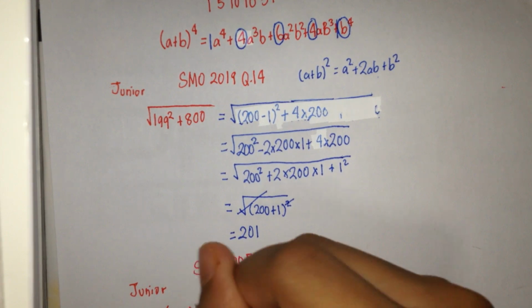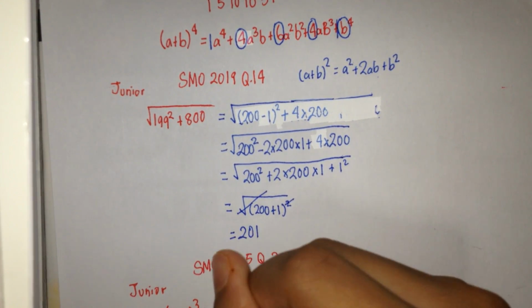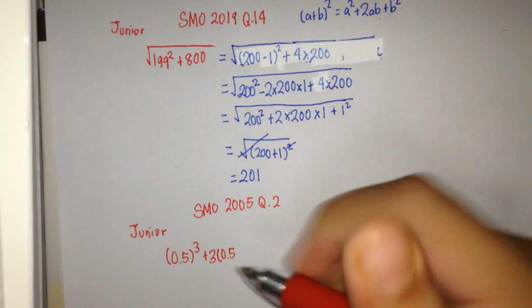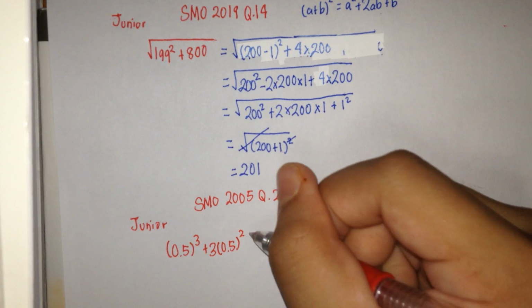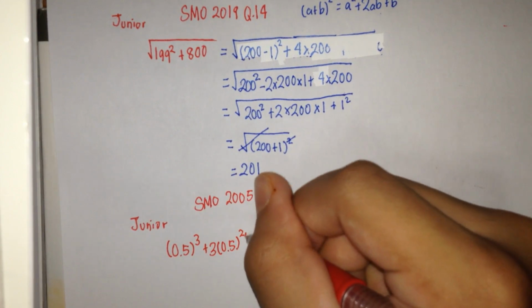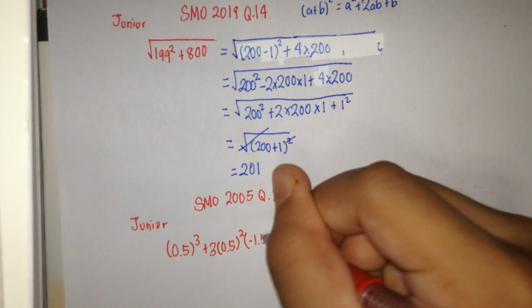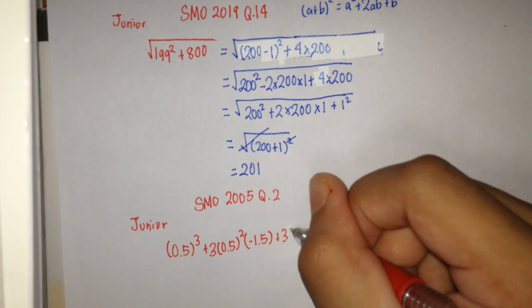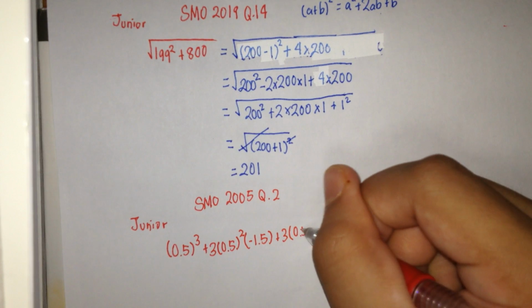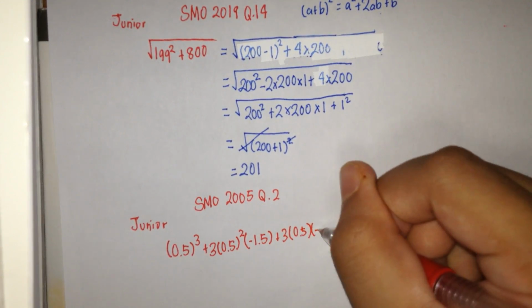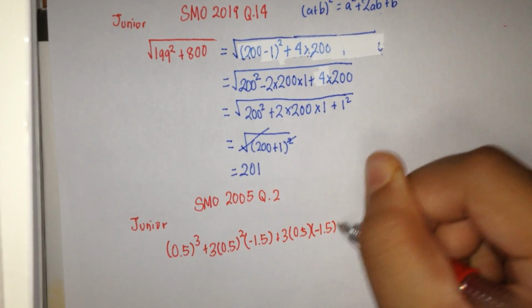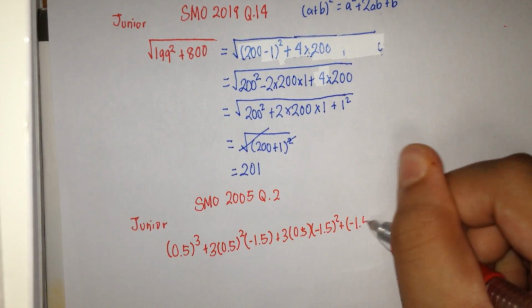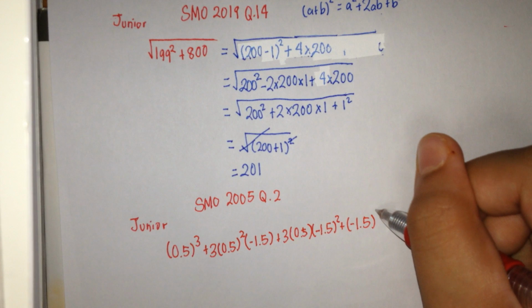0.5 to the power of 3 plus 3 times 0.5 to the power of 2 times negative 1.5 plus 3 times 0.5 times negative 1.5 square plus negative 1.5 to the power of 3.